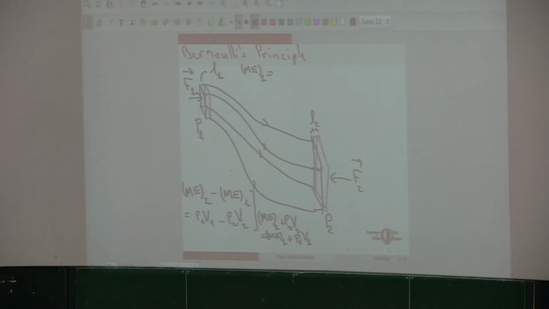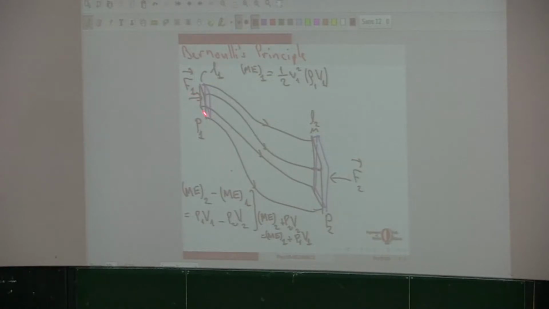The kinetic energy is 1/2 times V1 squared times the mass of this volume. The mass is nothing but the density rho 1 times the volume V1. This is the kinetic energy of the mass in this volume.